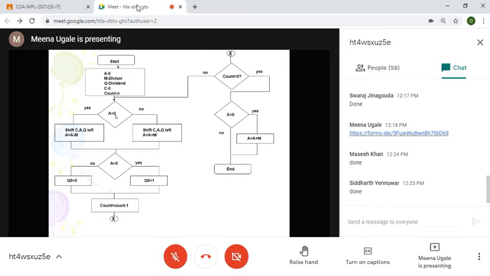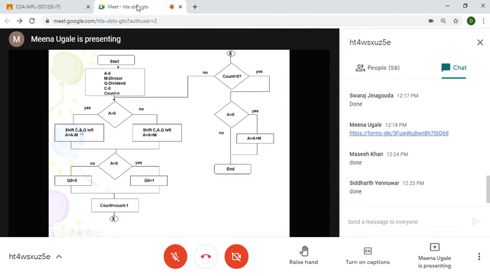Just see the flowchart. First block is for initialization. After initialization, initially your A value will always be 0. And that condition you are checking whether A is greater than or equal to 0. I told you to put the equal to sign also here. So for the first step it is always 0. So you will go for yes and go for the left side block. Shift C, A and Q. C is written, but we are not considering carry here.